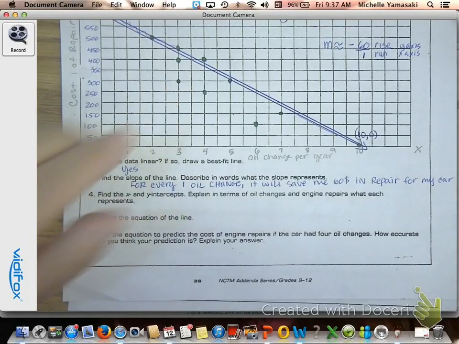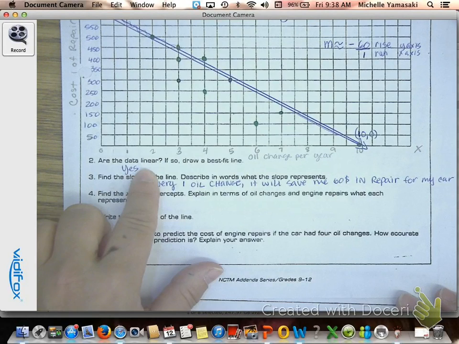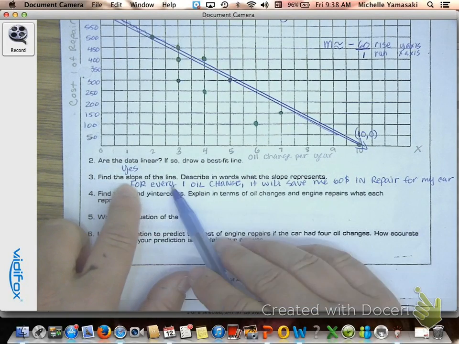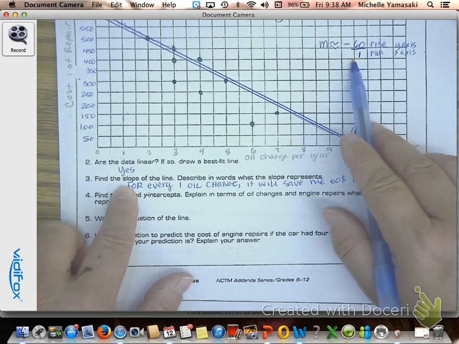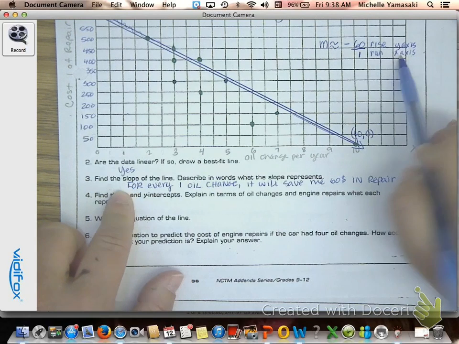All right, so we are now at, we said are the data linear? We said yes. The recording just turned off. So I'm going to say we came up with that negative 60 over 1 is our rise over run, or our change in the y-axis over the change in the x-axis.